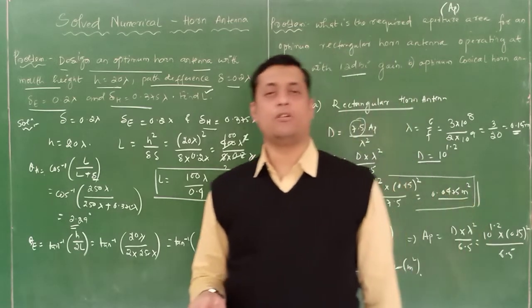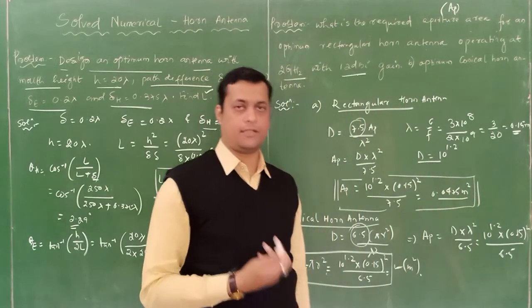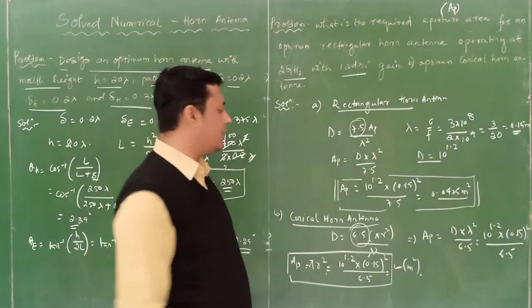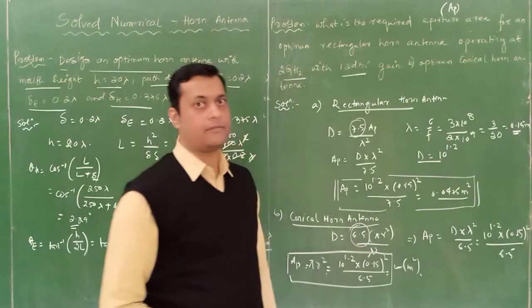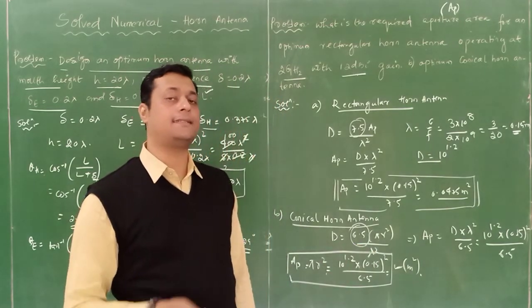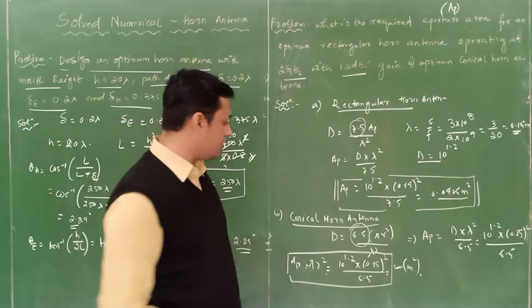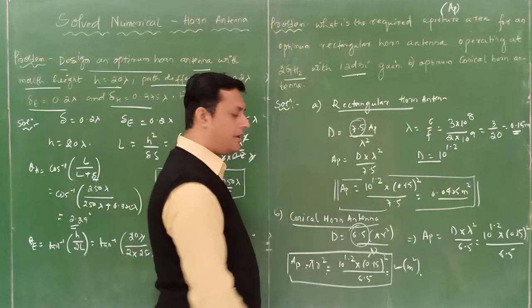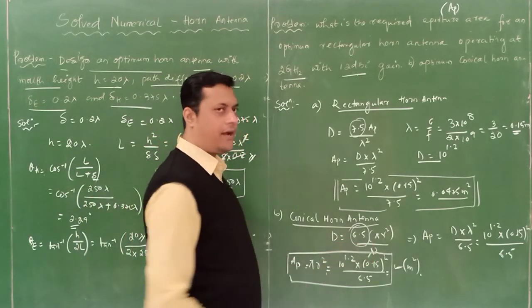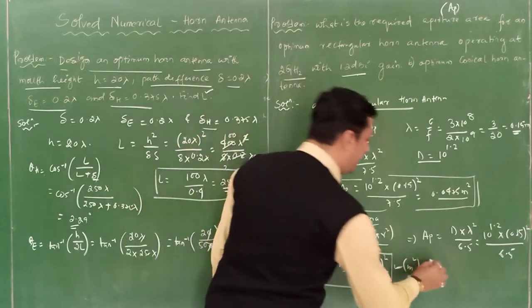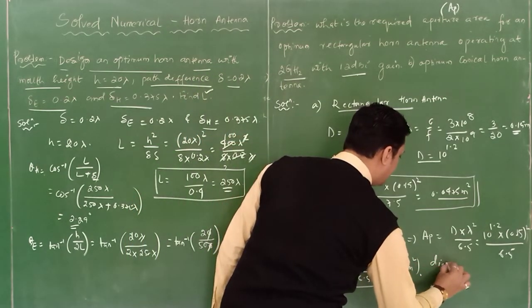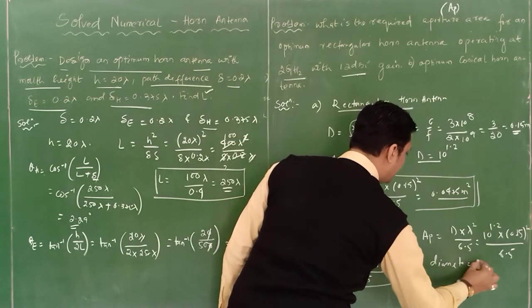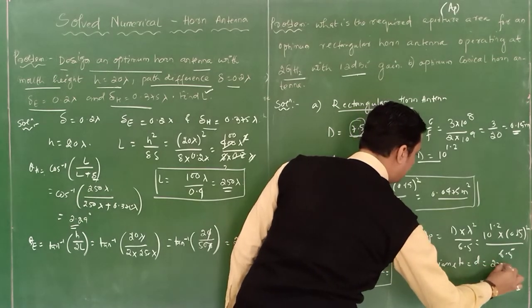So one more possible combination of question may ask, that is, what will be the radius of that antenna, or you can say what is the diameter of that antenna. So once this pi r square value is known, divide by pi, determine r and determine the diameter, that is D is equal to 2r.